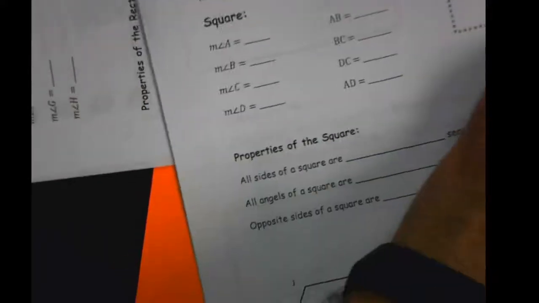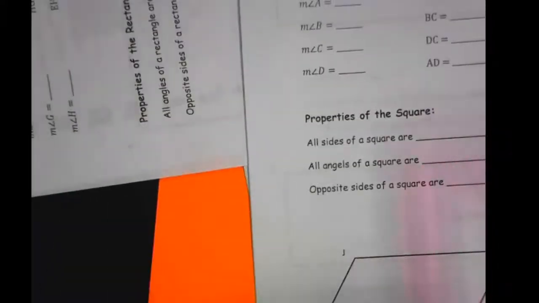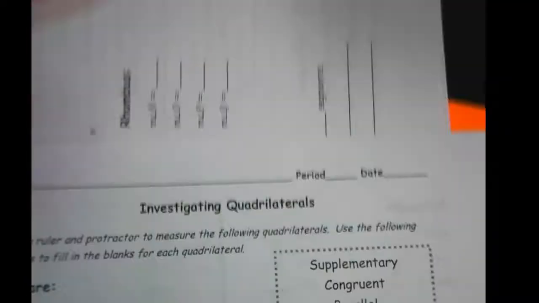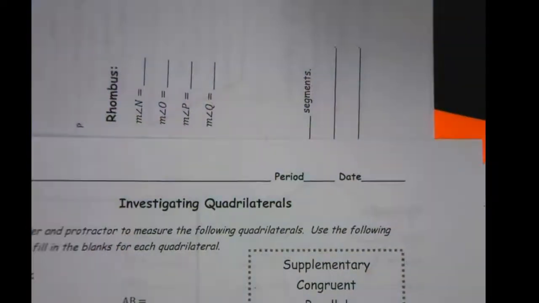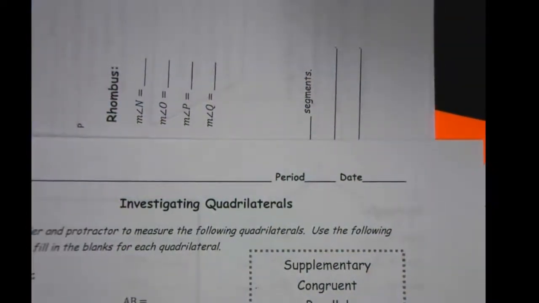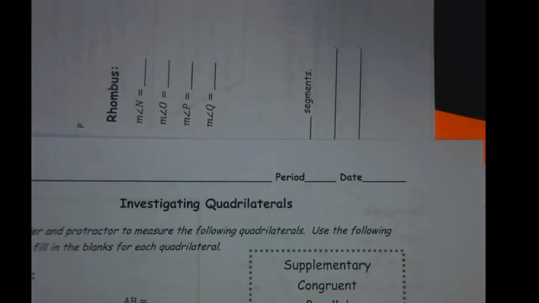So if I were to measure this using my trusty protractor, okay? Oh, whoops, I froze it. Lamp. Oh, there we go. All right, so if I were to measure this, okay, and if I were to extend this line, I would see that it's 90 degrees. You can't see that.